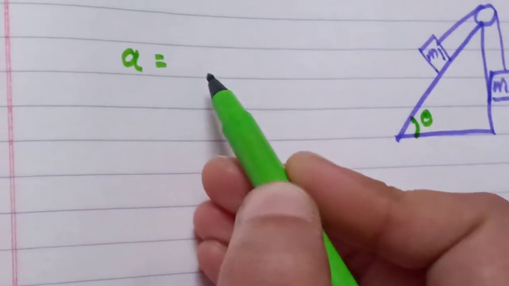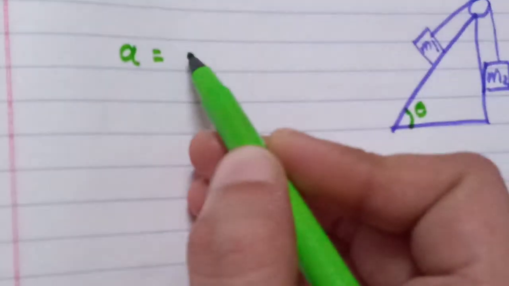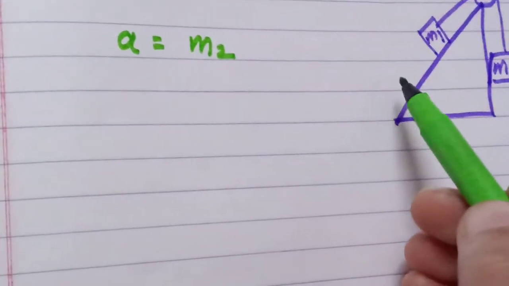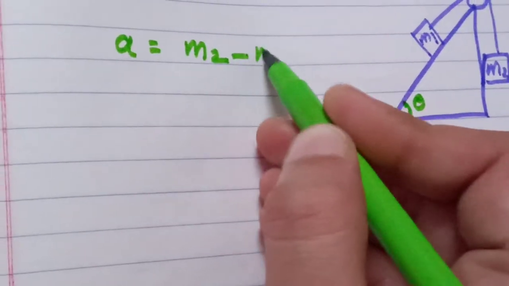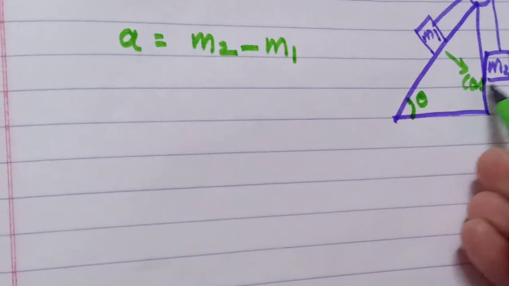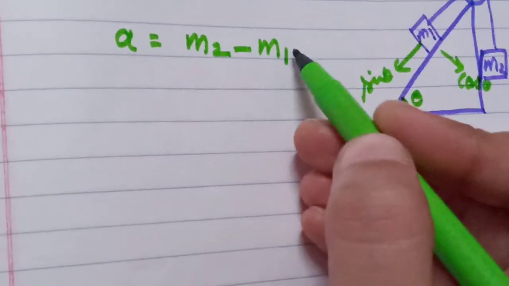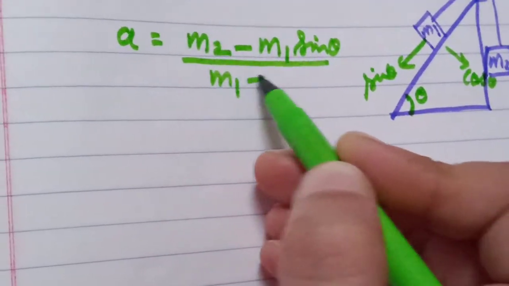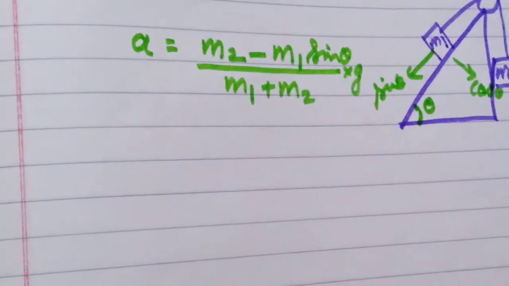a is equal to all the mass moving downward, which means m2, minus all the mass moving upward. There is no mass moving directly upward, but on the inclined plane, so minus m1 sin theta, where this is theta, with cos theta and sin theta, so m1 sin theta, upon the total mass m1 plus m2, into g.